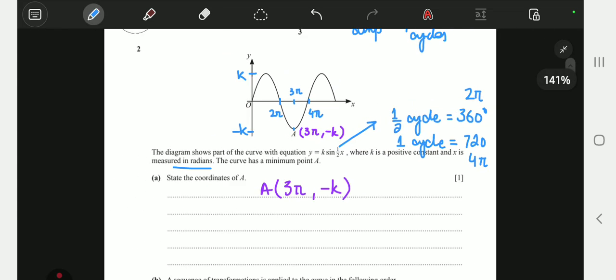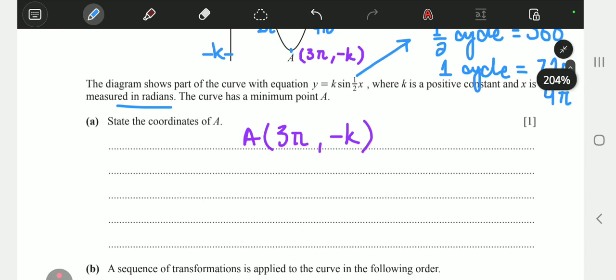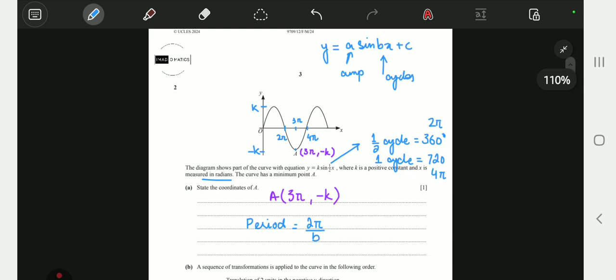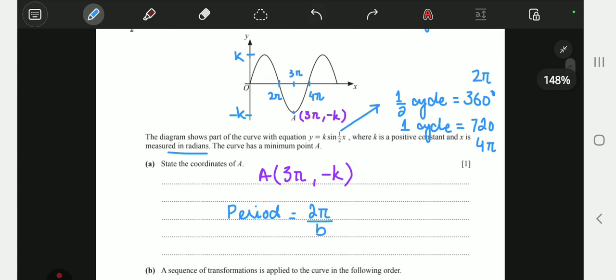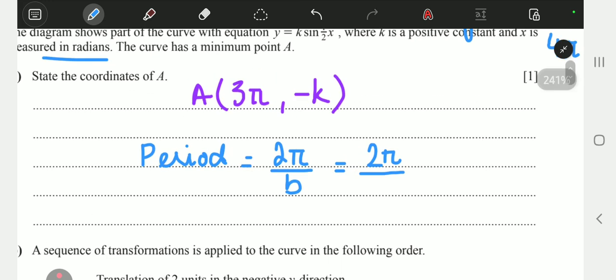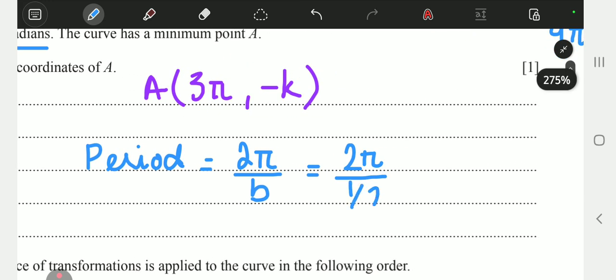Another way of doing it is that we know the formula for the period. Period is 2 pi over b. B is again the same, the cycles represented with the x variable. So 2 pi over half is going to be equal to 4 pi.